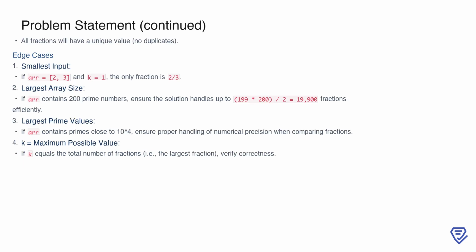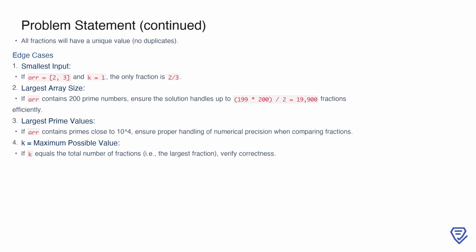Finally, let's discuss some important constraints and edge cases. First, all fractions will have unique values because the integers in ARR are unique prime numbers. For edge cases, if the array contains only two elements, such as ARR equals 2, 3, there will be only one fraction, and the solution must handle this minimal input correctly. For larger arrays, such as when ARR contains up to 200 prime numbers, the solution needs to efficiently handle up to 19,900 fractions.